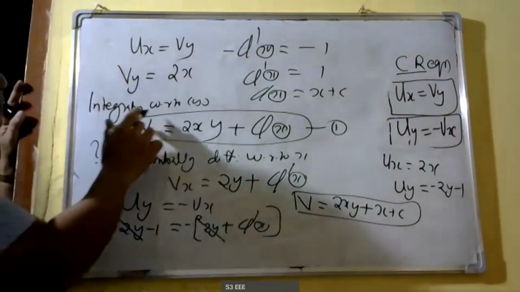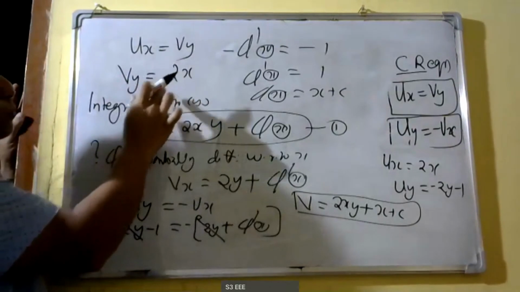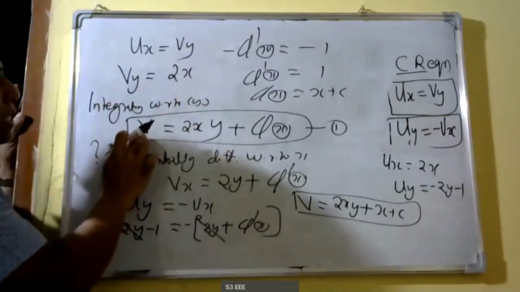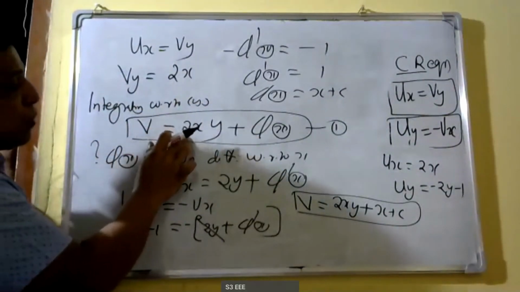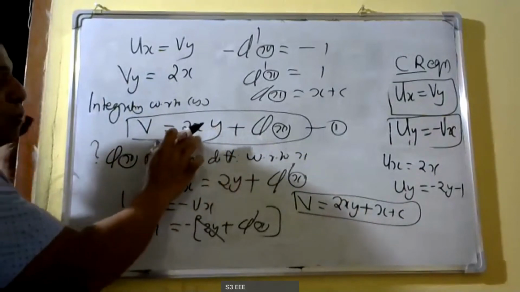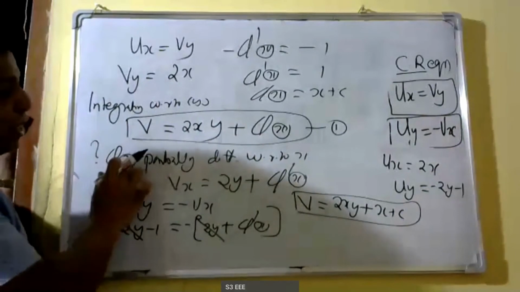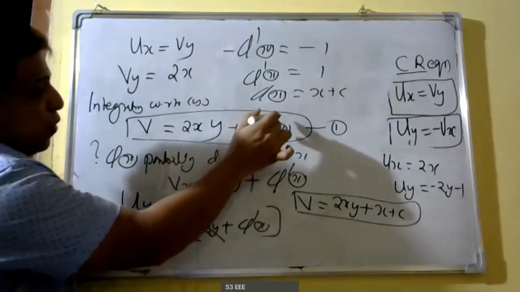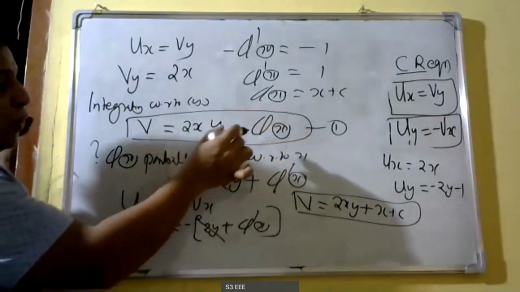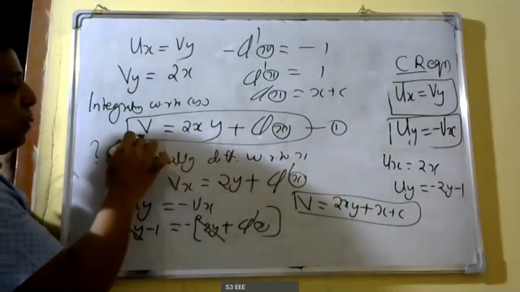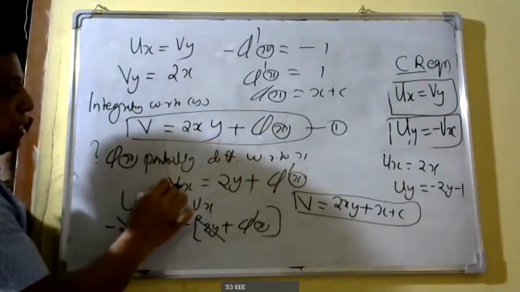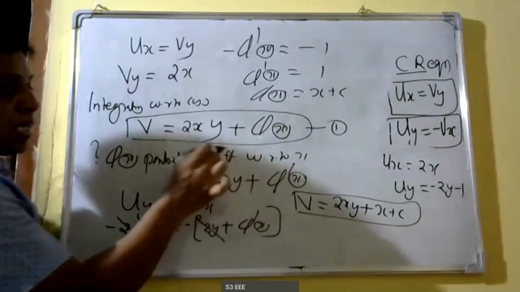First we integrate with respect to y, and we get v equal to 2xy plus phi of x. Next we have to find out the value of phi of x. To find it, we differentiate this with respect to x. Then we get vx equal to 2y plus phi dash x.